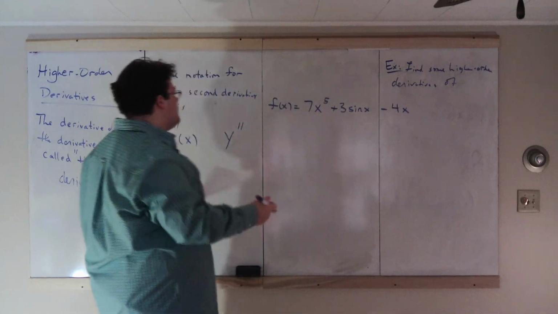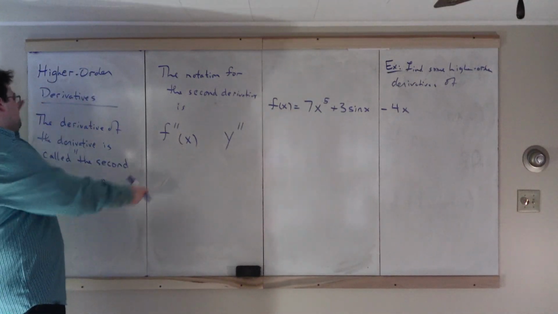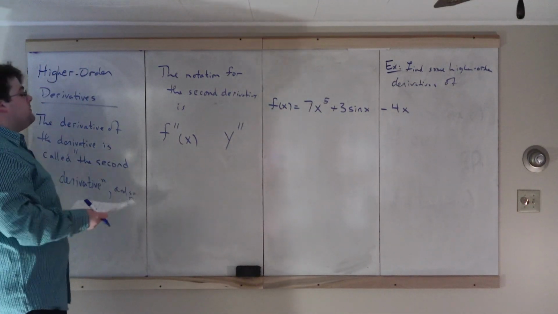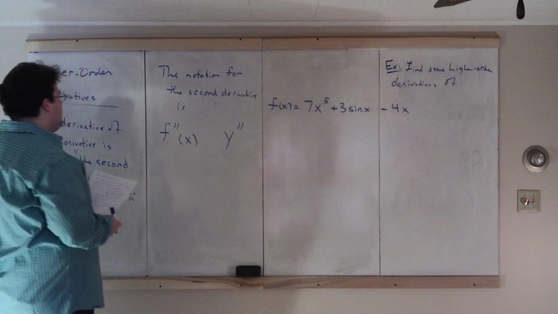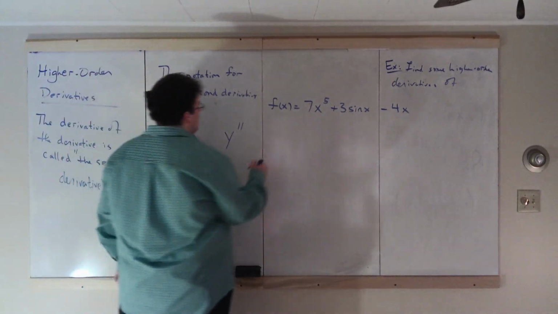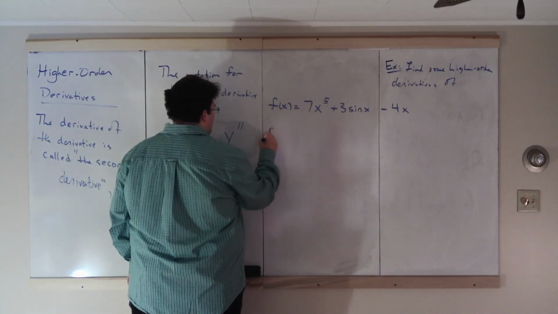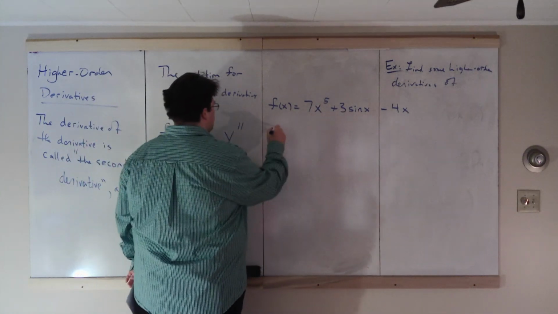I'll just keep finding them until I feel like stopping. One of the conveniences of the prime notation is you can keep going. You can find the third one and you just throw an extra prime on it. The fourth one you tend to go toward Roman numerals, and we'll see that in this example. Writing prime, prime, prime, prime, prime, that's hard to see.